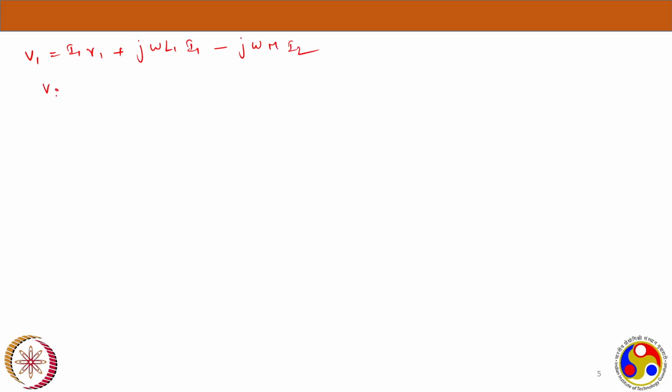And j omega L2 I2 minus j omega M I1 plus I2 R2 plus V2 is equal to 0. Okay, now these two are the voltage equations.